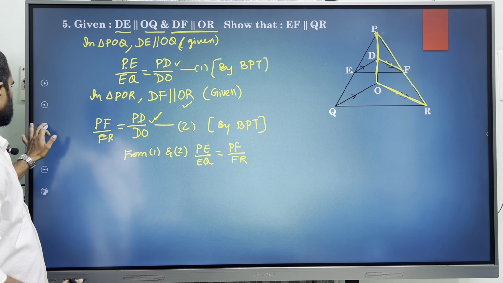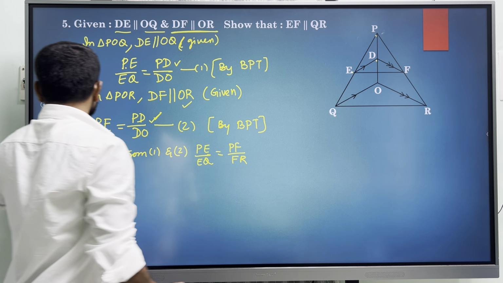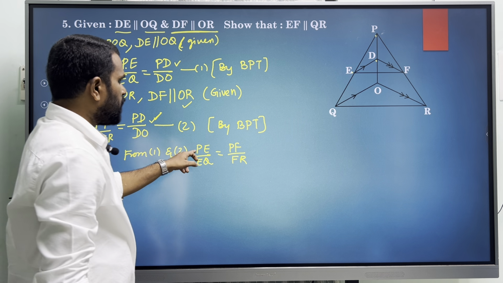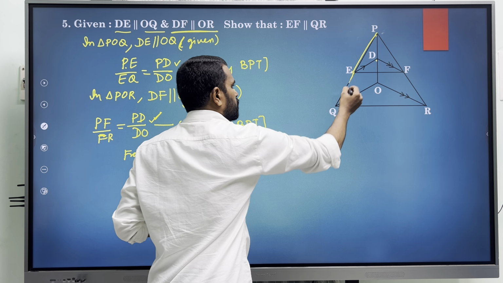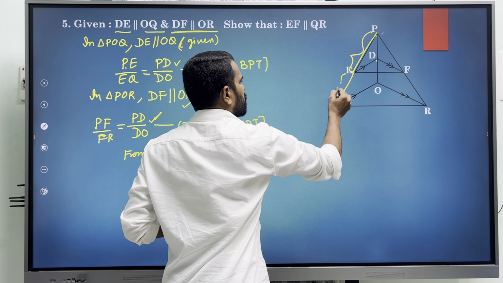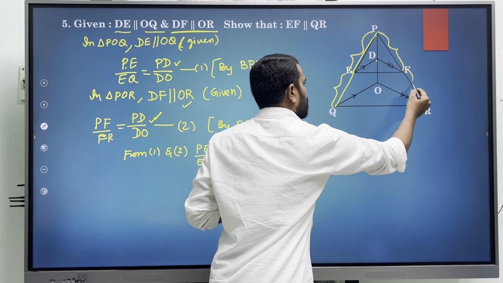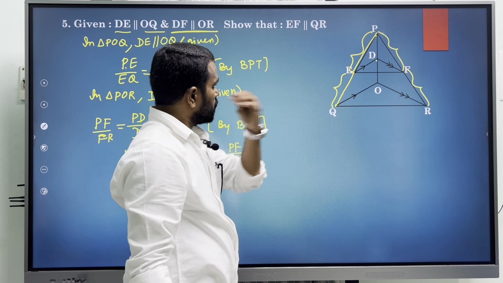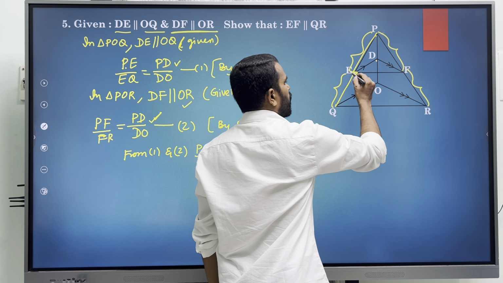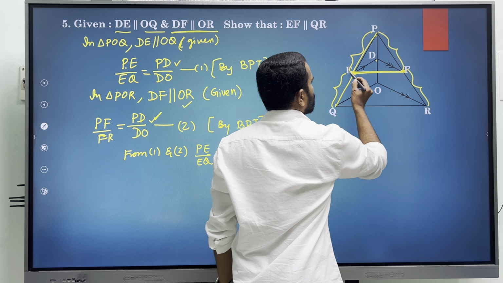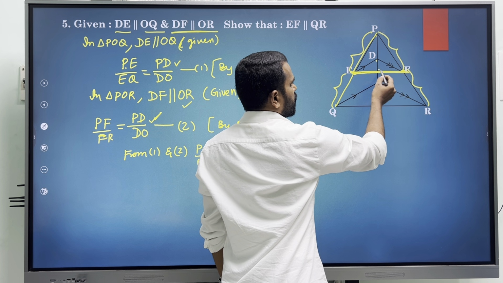Now see here. PE by EQ, PF by FR. So these are proportionate, which means these points are two distinct points on two different sides. Therefore, what should be the possibility?